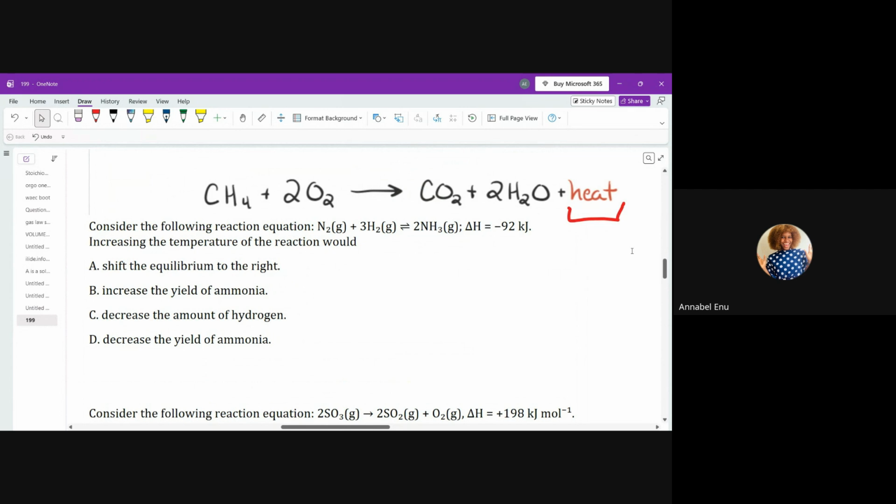Based on what we have noted now, first off, what are we going to look at? This delta H, this information is not given here for nothing, right? This tells us that our heat is where? Is it in the reactant or product side? Anyone can answer.